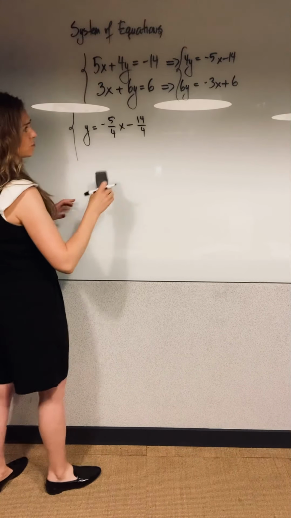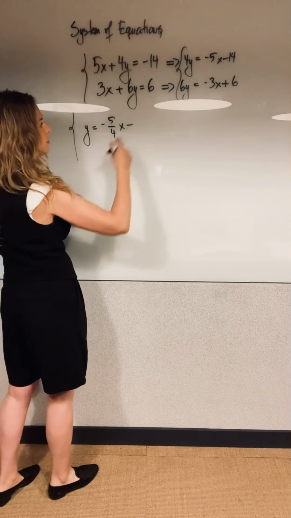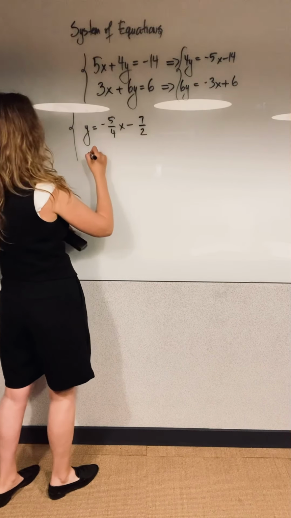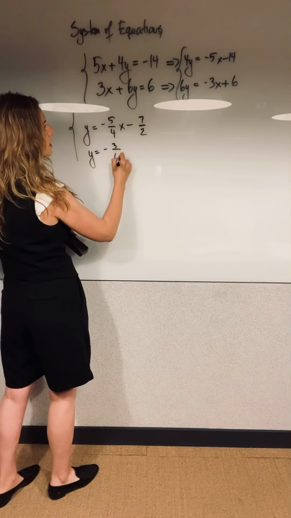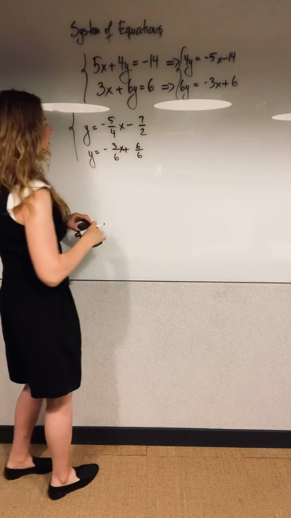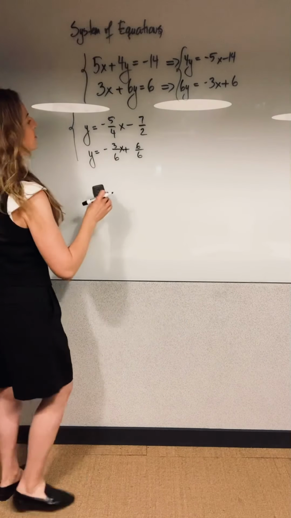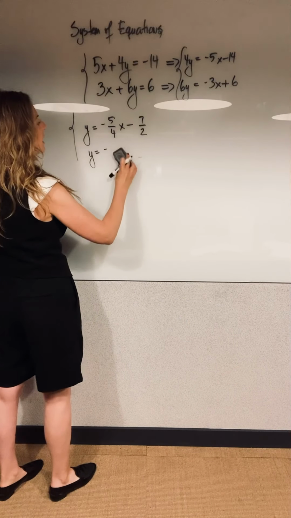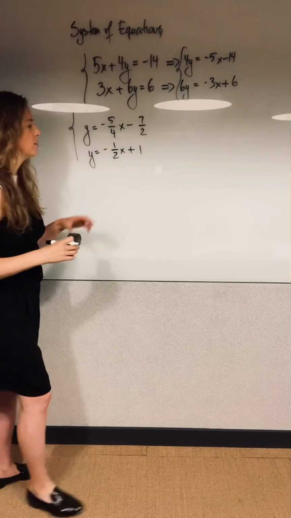I don't have much space here, so minus 14 over 4 can be written as 7 over 2. And then y here is equal to negative 6x plus 6 over 6. X is right there. Again, I'm going to save some space and rewrite this as negative 1/2 x plus 1, right?